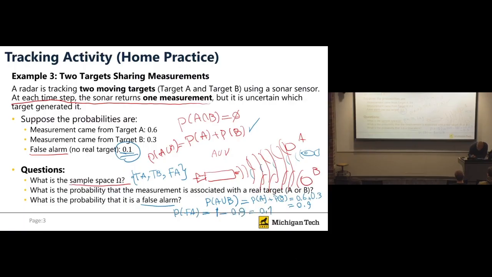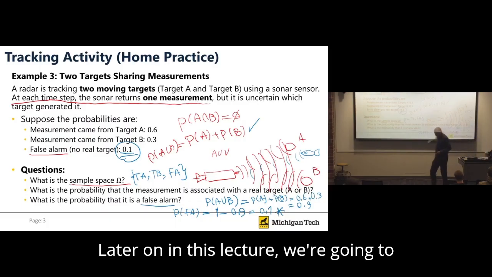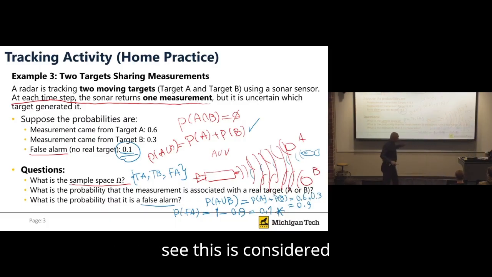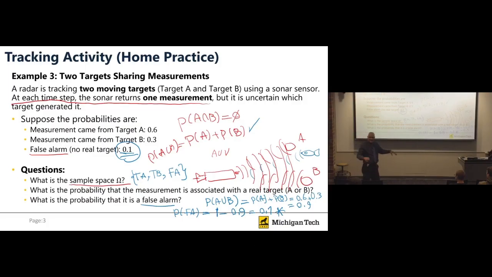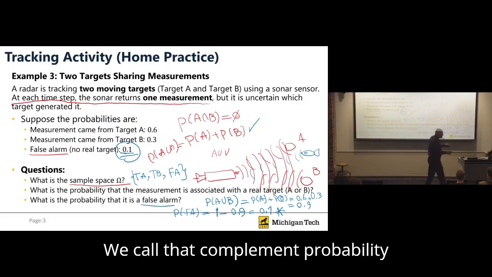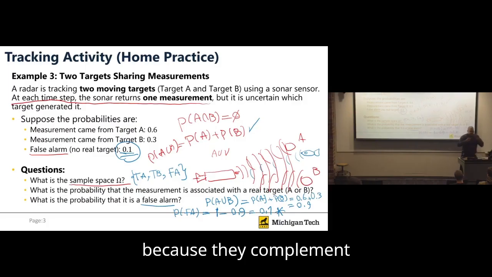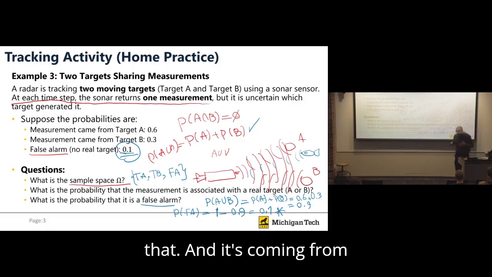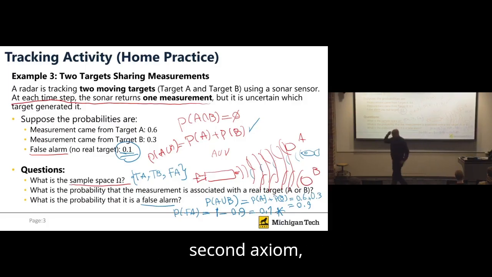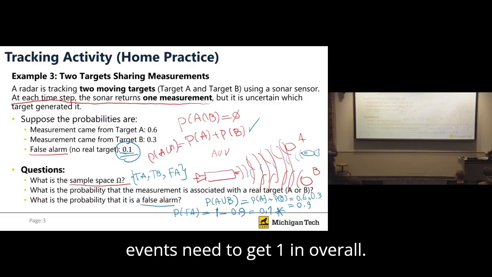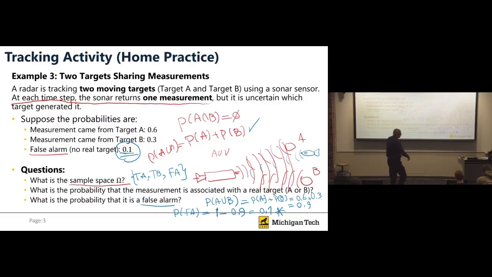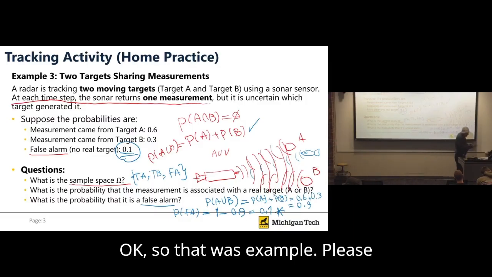That is 0.1. Later on in this lecture, we're going to see this is considered complement probability. We call that complement probability because they complement that. And it's coming from the second axiom, normalization. So the sum of all the events needs to be 1 overall. OK, so that was the example.